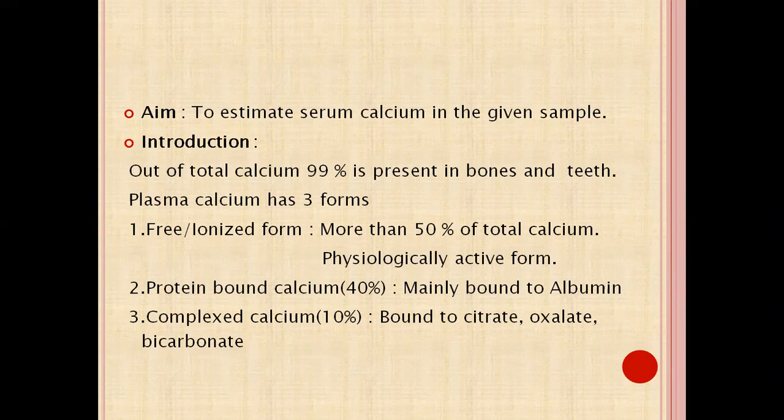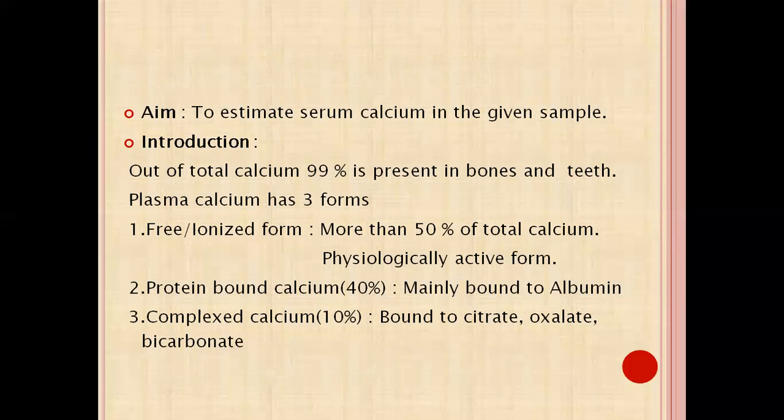Out of total calcium, 99% is present in bones and teeth. So plasma calcium has three forms. First is the free, that is ionized form. Second is the protein bound form, and third is the complex calcium.